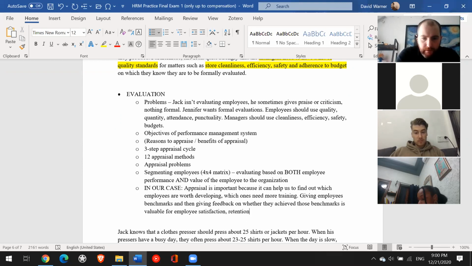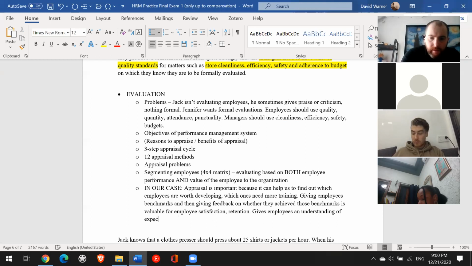I think that is relevant. I would say it gives employees an understanding of expectations. Anything else?